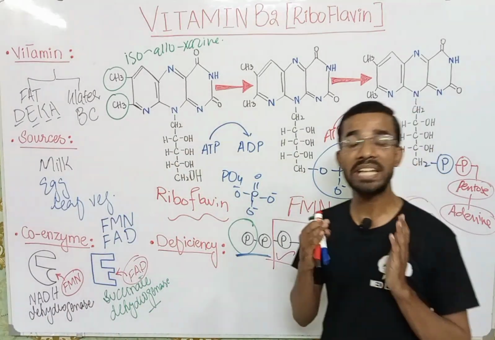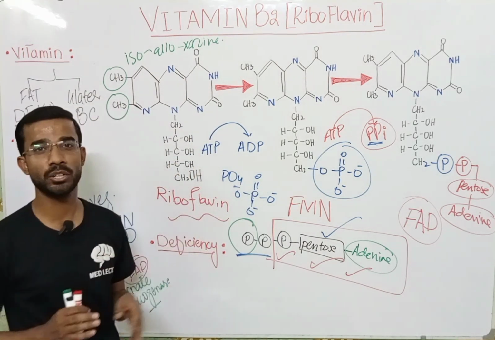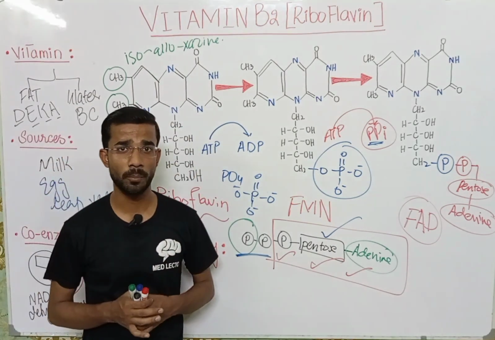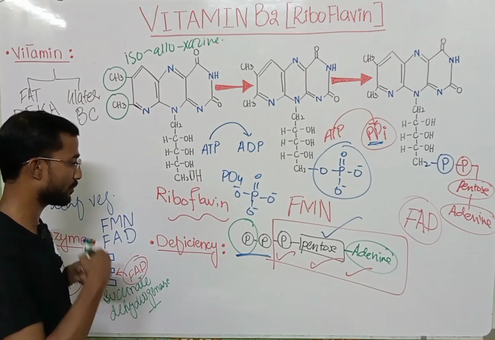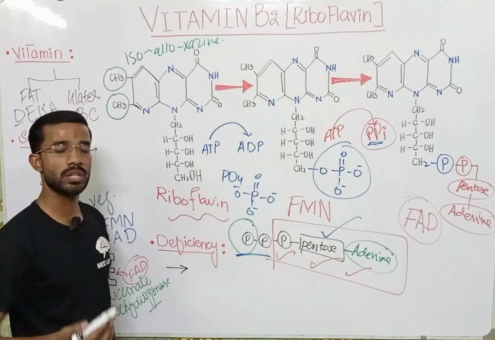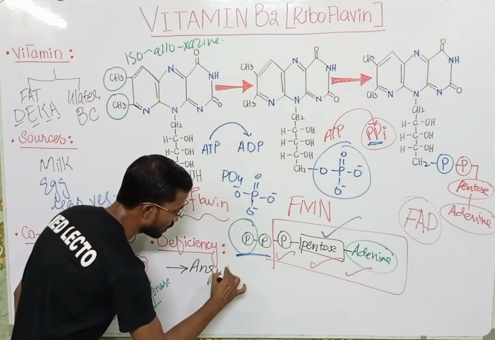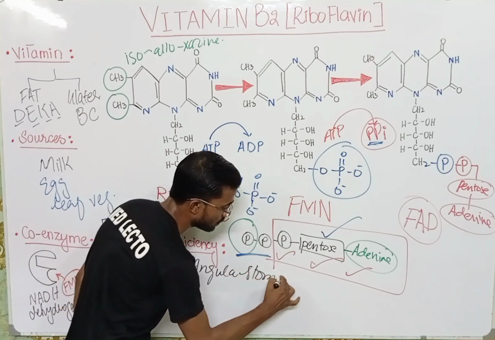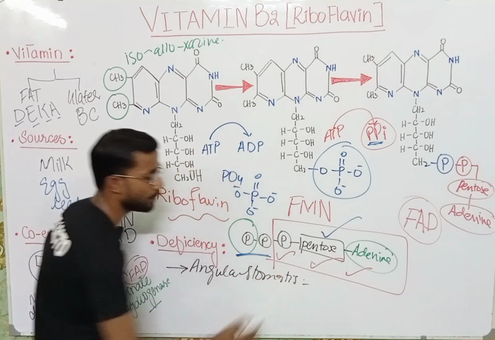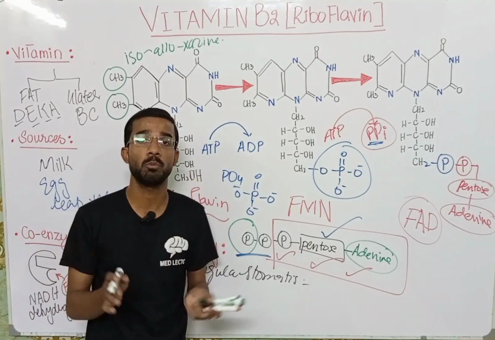So if we talk about the deficiency, it's not related to major diseases in humans, but it can cause different conditions. In the deficiency of riboflavin, you will see angular stomatitis, in which you will see fissures at the corners of the mouth.